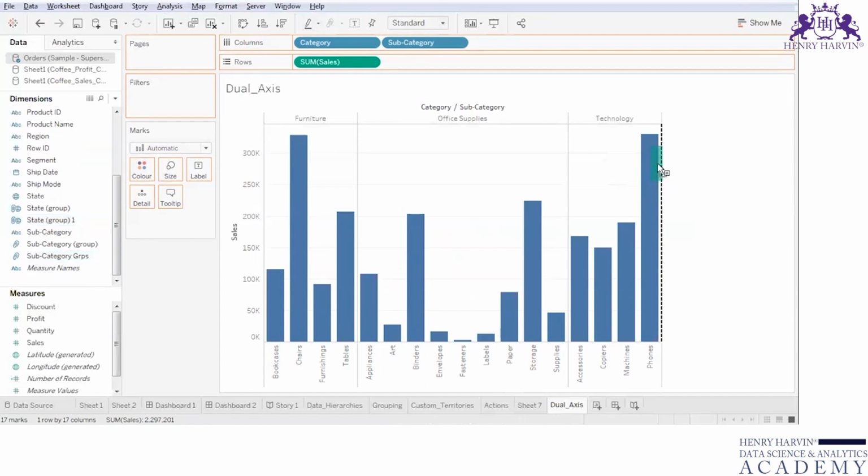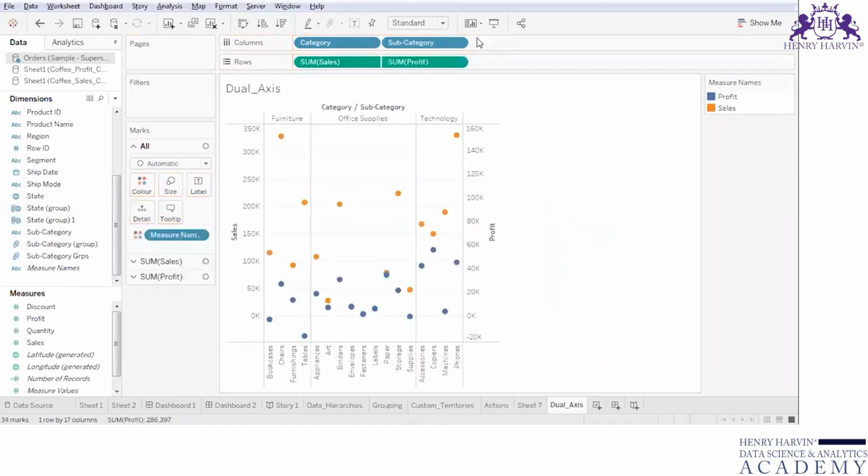You can see this black dotted line, just on the rightmost side of the technology category. The moment you find this black dotted line, just drop your measure over here. You'll see that profit has by default been combined with the sales, and a dual axis chart has been made.